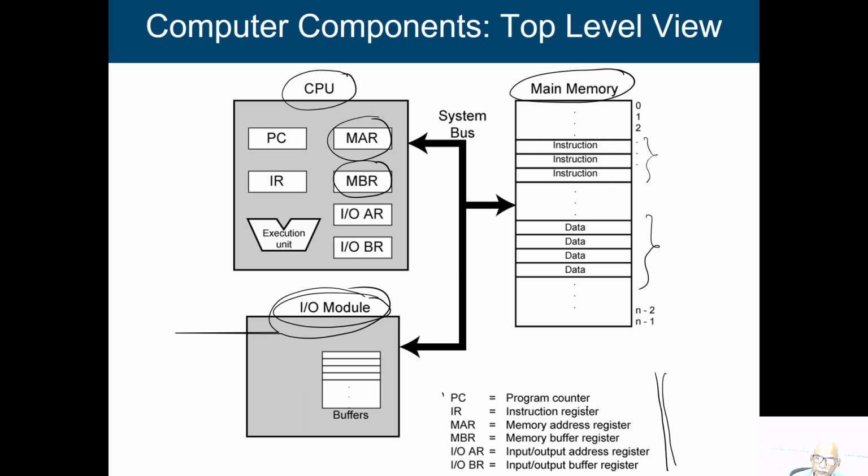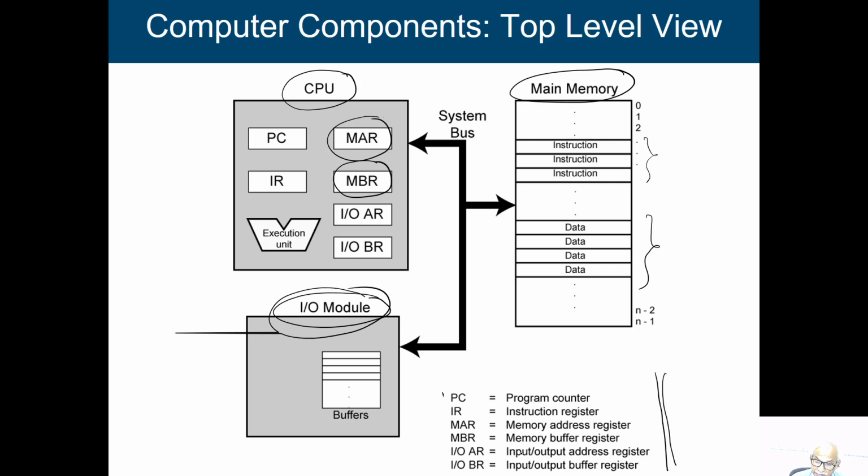PC is the program counter, IR the instruction register, MAR the memory address register, MBR the memory buffer register, IOAR the input output address register, and IOBR the input output buffer register.